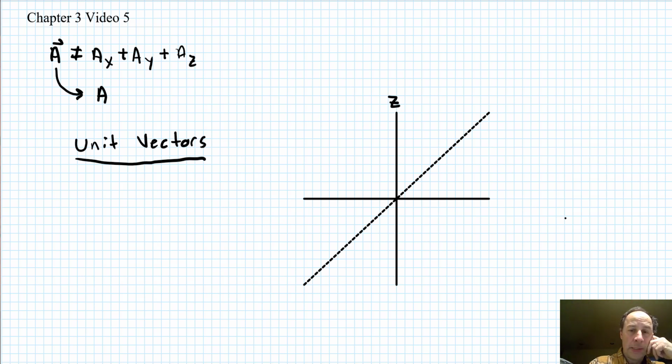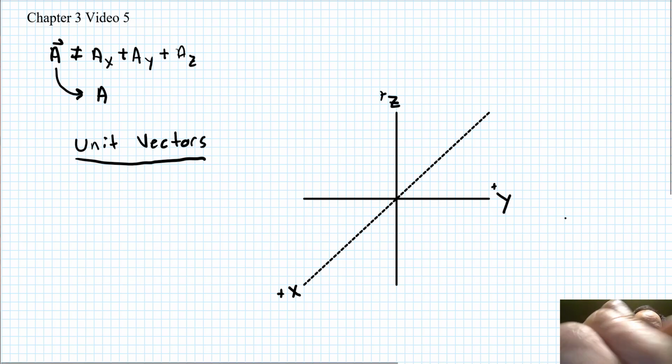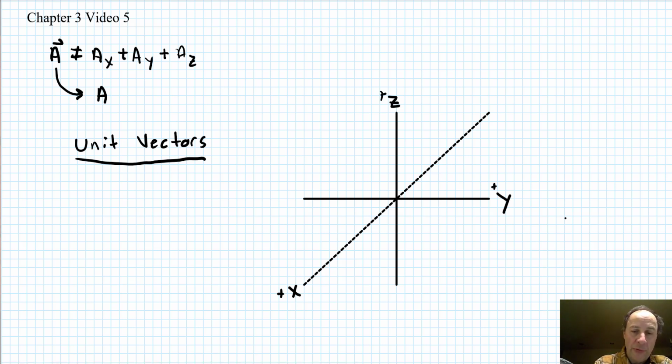We're going to make this the x-axis, and we're going to make this the y-axis. Now, by the right-hand rule, just so you know, this coming out this way is positive, and it has to be this way by the right-hand rule, because if you take your fingers and roll x into y, your thumb should point upward into z.